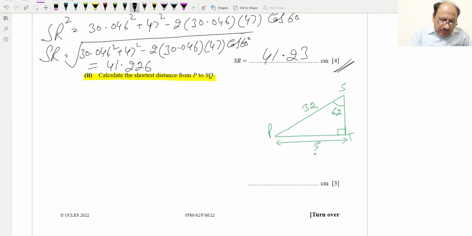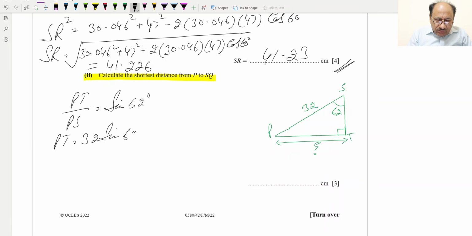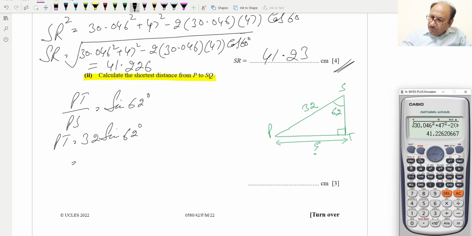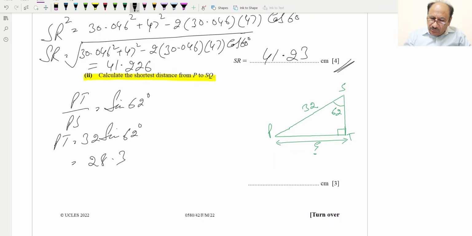So what we'll do, we can write PT over PS, which is equal to sine of 62 degrees, and PT is equal to, PS will be 32, so 32 sine of 62 degrees, which is equal to 28.25, so 28.3 will be our answer, hopefully.